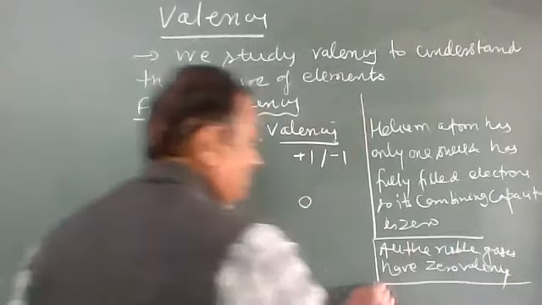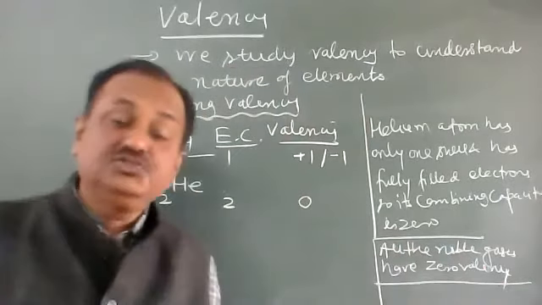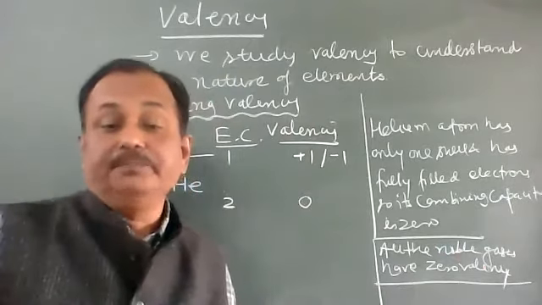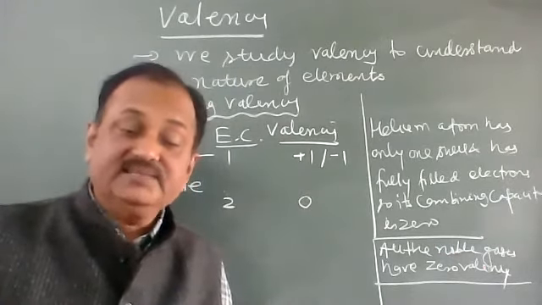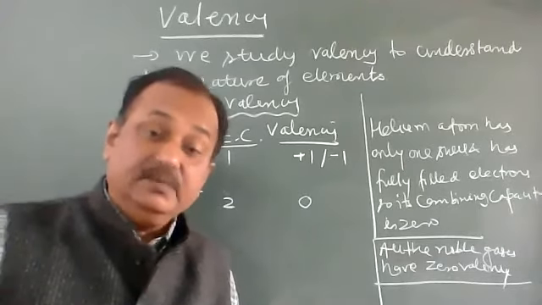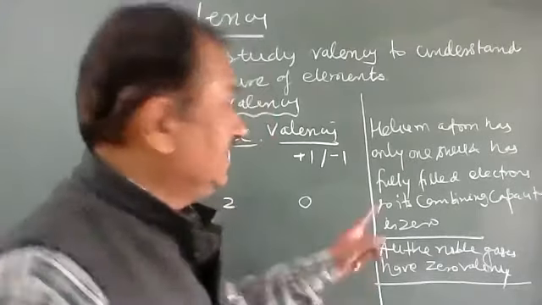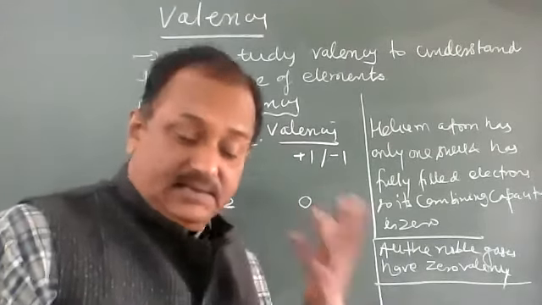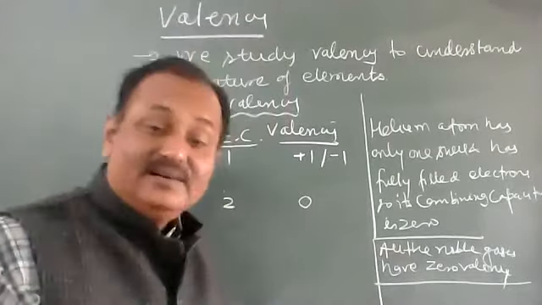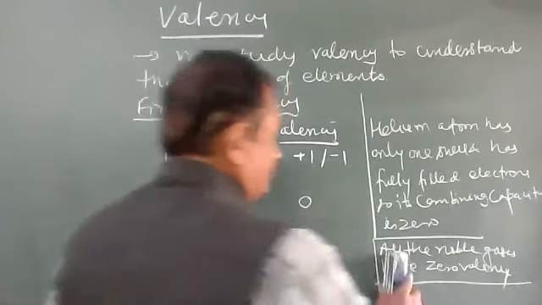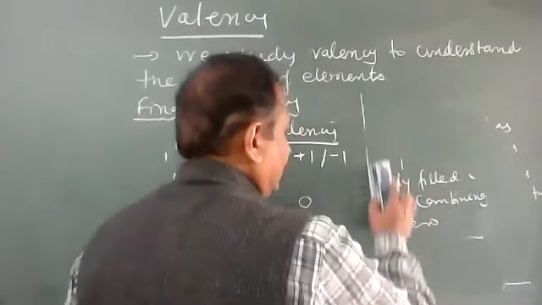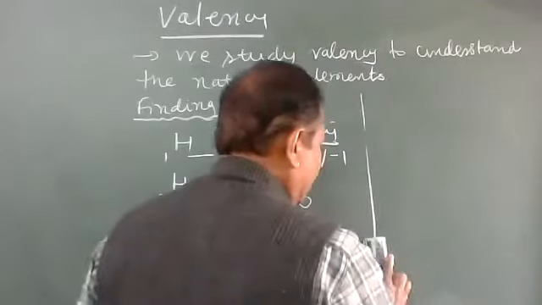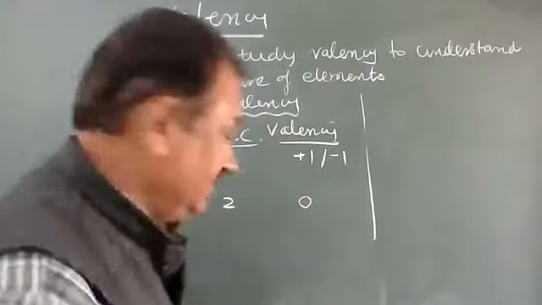Noble gases can never form compounds because their valency is 0. And we say that they are inert, so noble gases are also called inert gases.